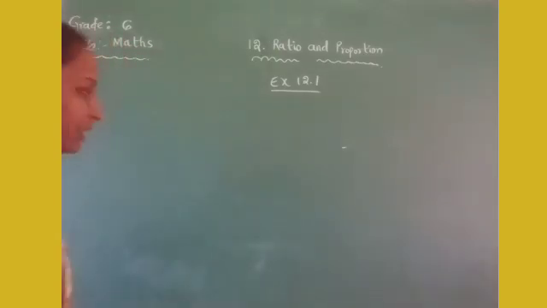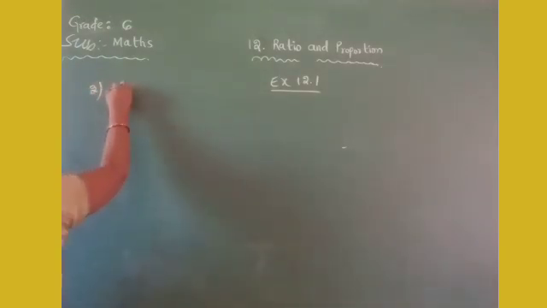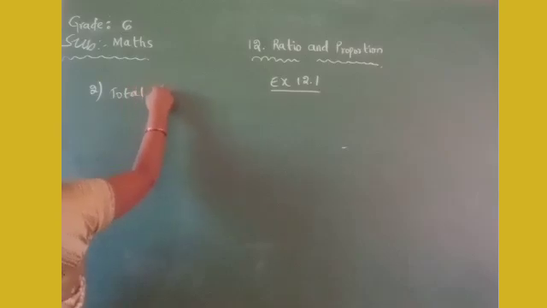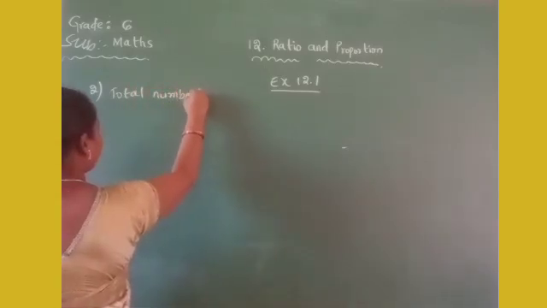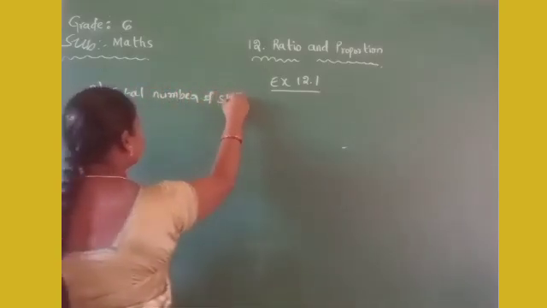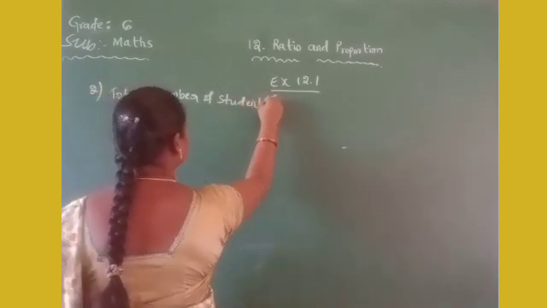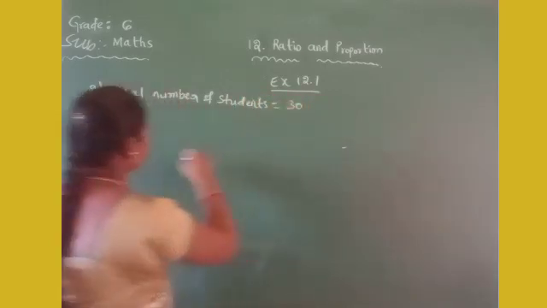First, the total number of students in a class we write here. Total number of students is equal to 30.